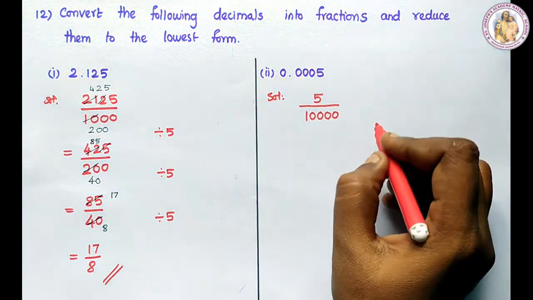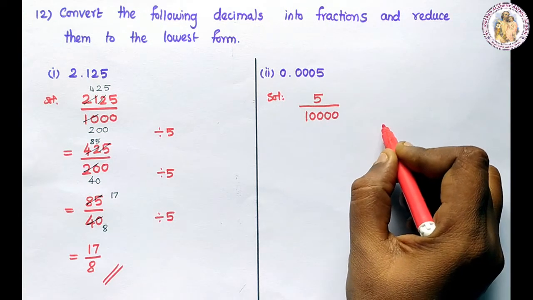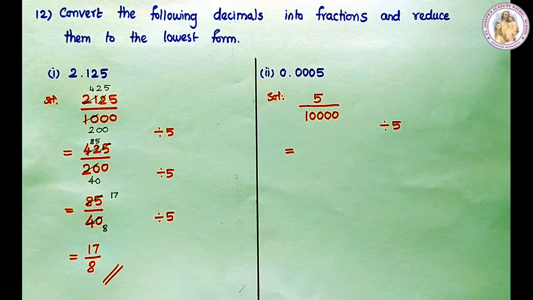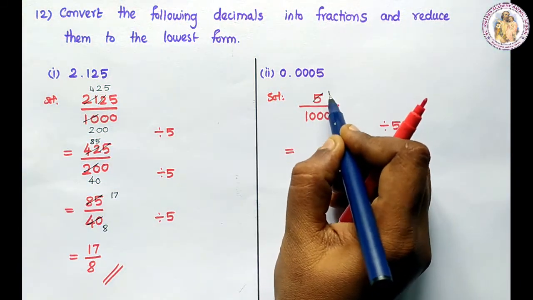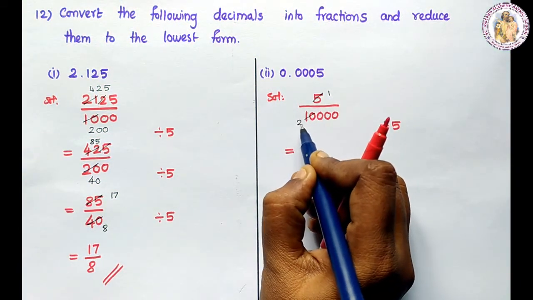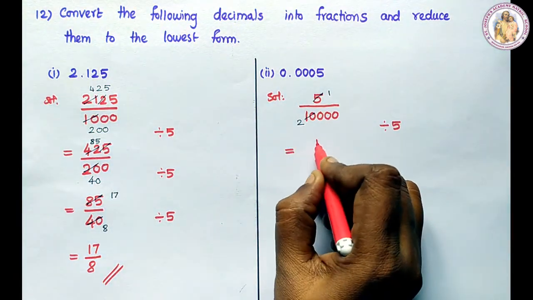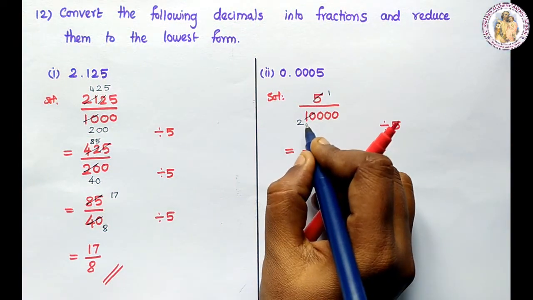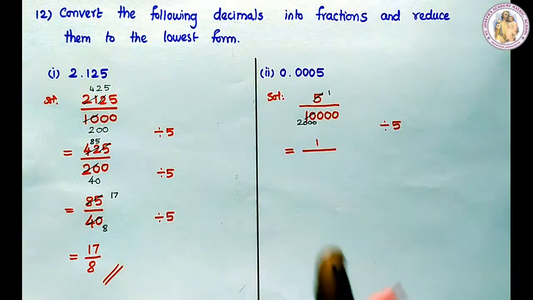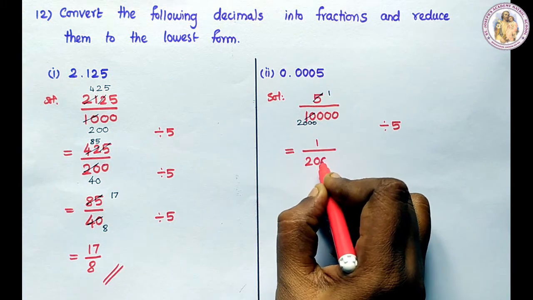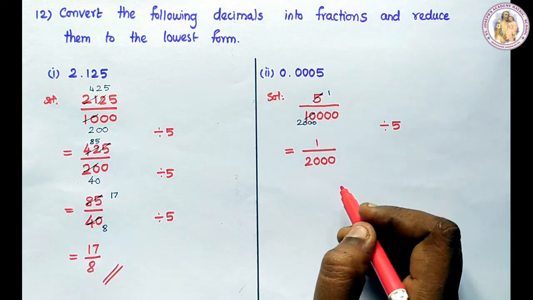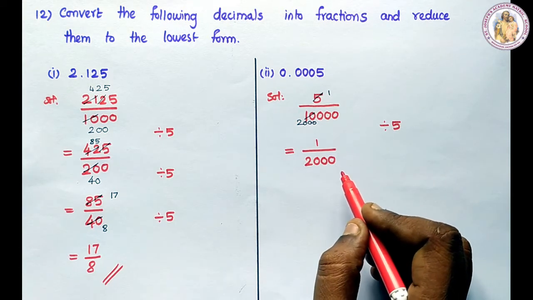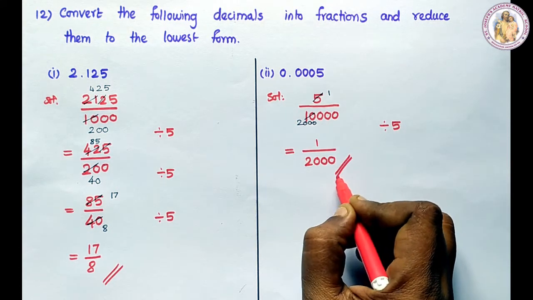Now both the numbers are divisible by 5. Divided by 5 means we get 5 ones are 5. Here 5 twos are 10. So 1 by, put the remaining zeros, that is 2000. So 2000. Hereafter it is not possible to divide. So that is the lowest form.